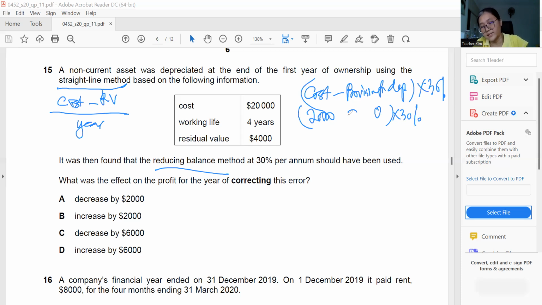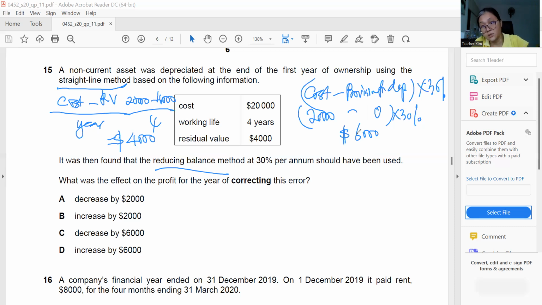times 30%, you get 6,000. This is the depreciation under the reducing balance method. Whereas in here, the cost is 20,000 minus 4,000 divided by 4. 16 divided by 4, we get 4,000. So this is under the straight line. What was the effect on the profit for the year of correcting this error? This is a charge.